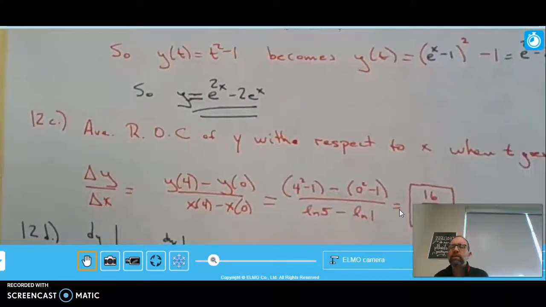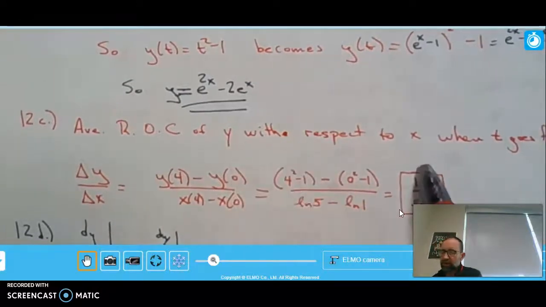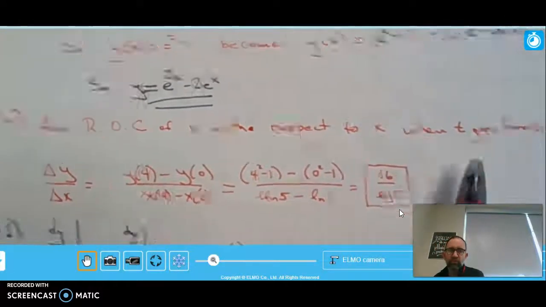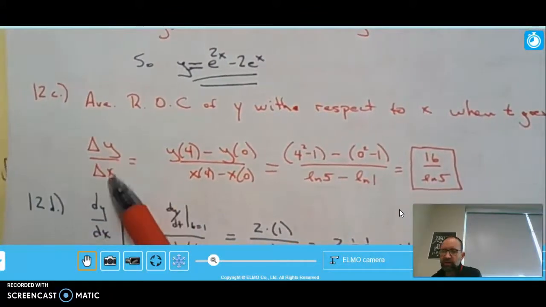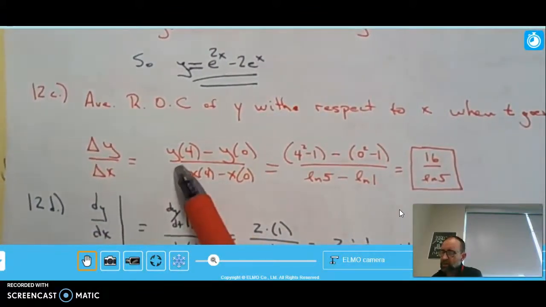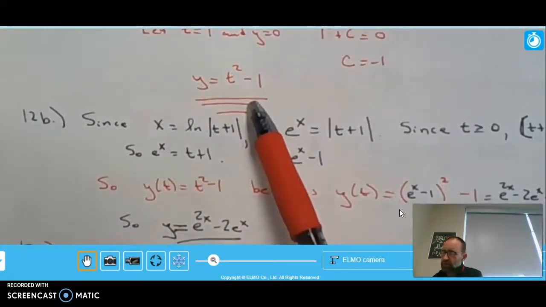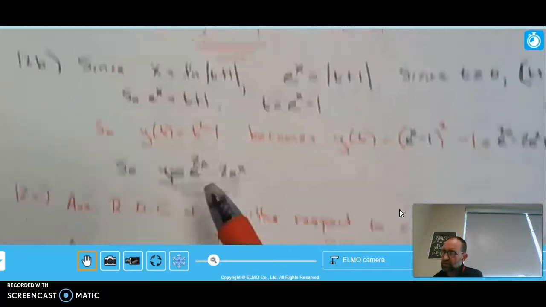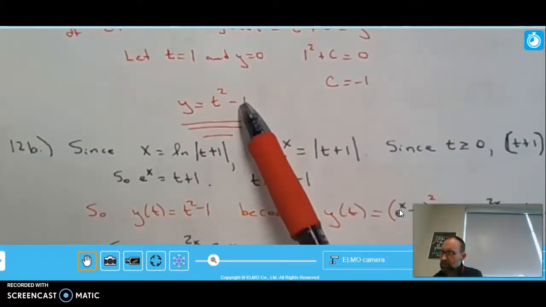I believe we did part C, the average rate of change of y with respect to x when t goes from 0 to 4. I don't know if we did it in class or if we just set it up, but basically you're doing change in y over change in x. We're going to plug 4 into the y equation here, and that will give us 15. We plug 0 into the y equation, and that'll give us -1.